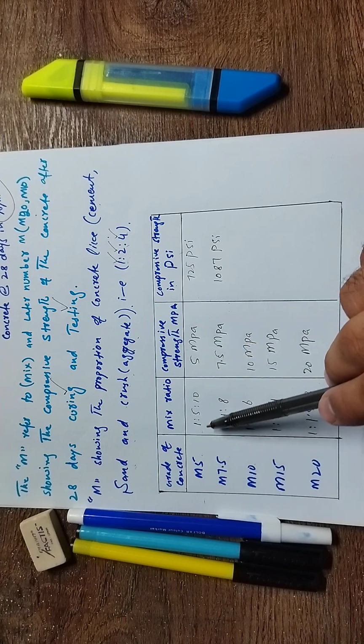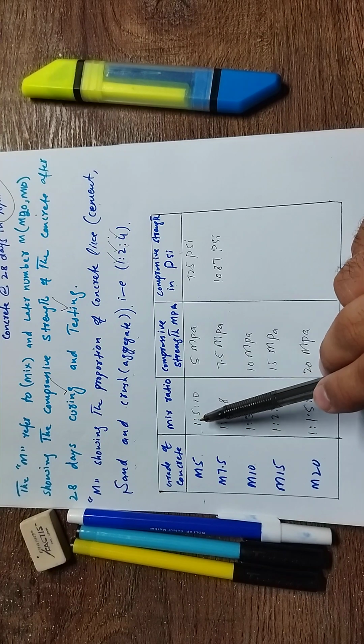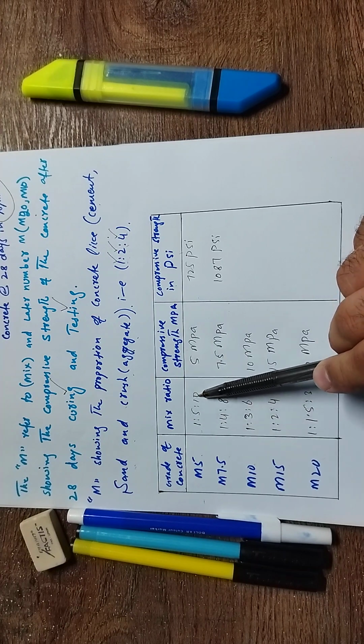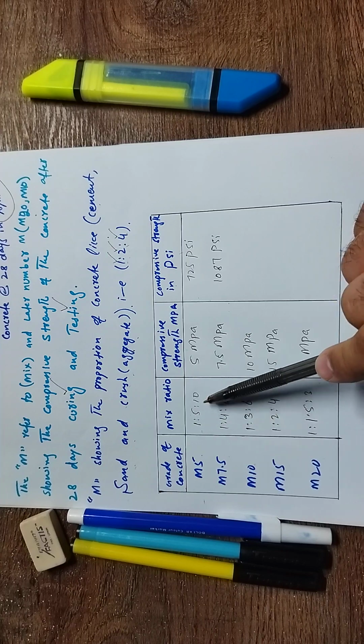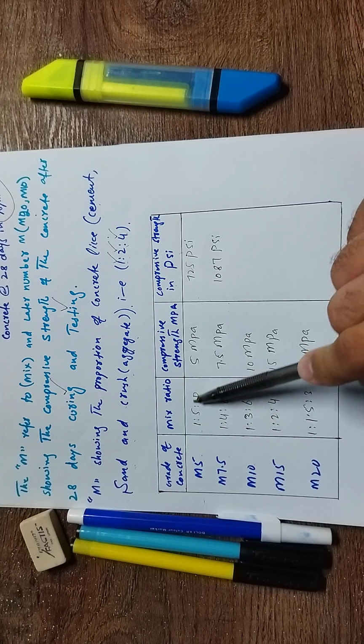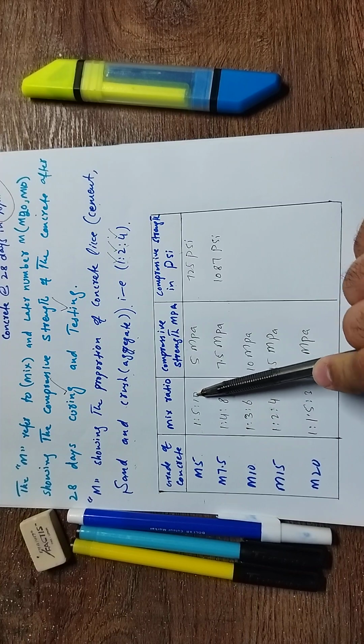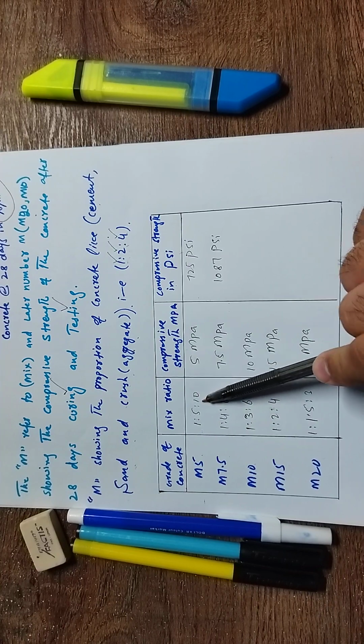M5 is the concrete whose ratio is 1:5:10. 1 is cement, 5 is sand, 10 is crush. This batching can be done by weight or by volume. These two are the processes of batching or mixing of concrete.